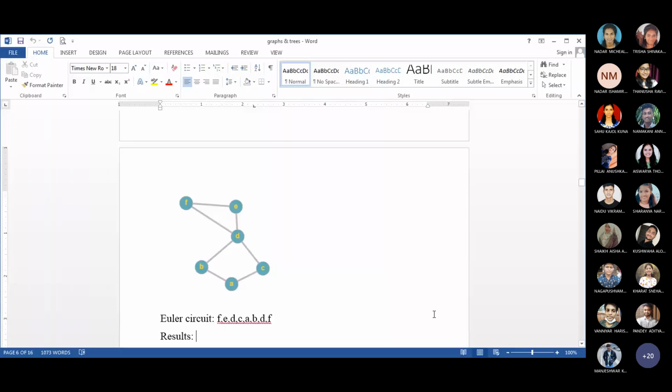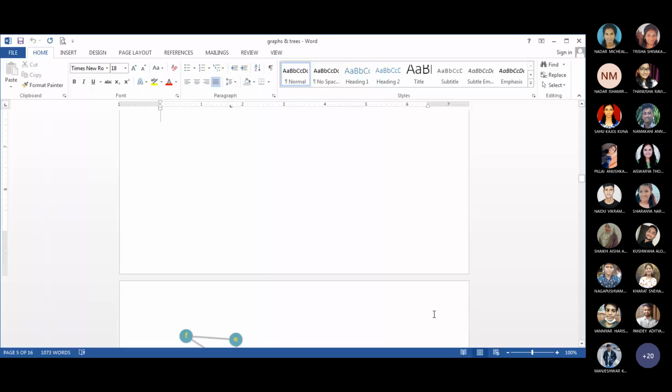Check the degree of every vertex: except vertex D, every vertex has degree 2, and only D has degree 4. So this is a graph in which each vertex is of even degree, so you can easily find a Euler circuit.